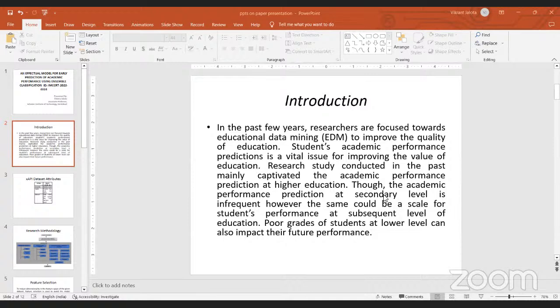So can I start my introduction, sir? The problem is, whenever we are talking about academic performance prediction, students want to achieve more and more, but on the basis of some factors, is it possible that we can predict their result?